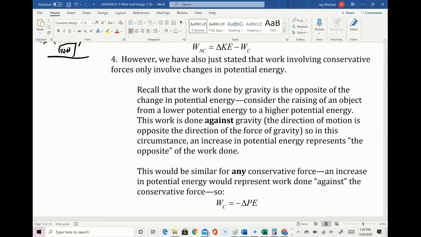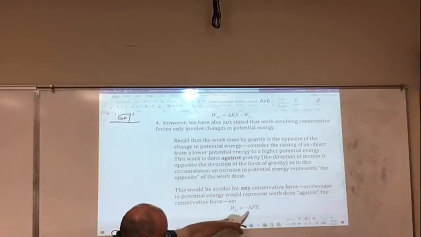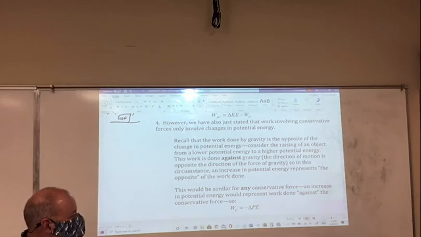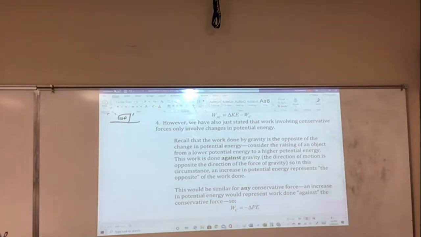The work done by the conservative force here, gravity was the conservative force, was negative 100 joules. But that is the opposite of the change in potential energy, which is 100 joules. Hopefully you agree that the opposite of 100 is the opposite of 100.